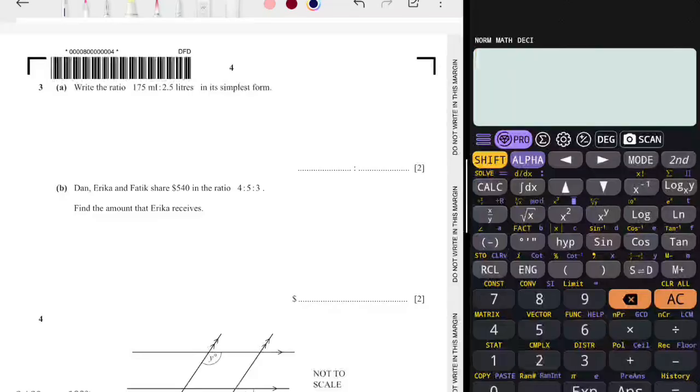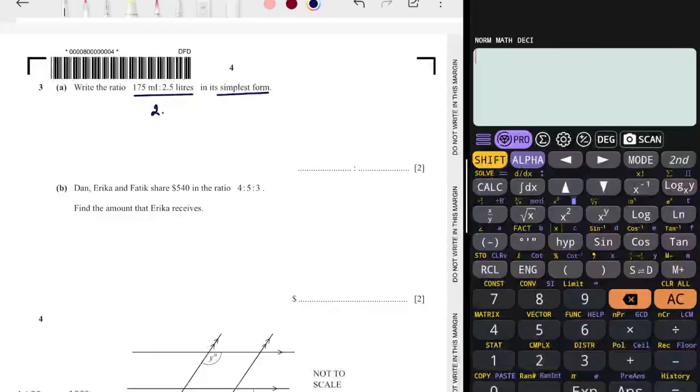Question number 3. Write the ratio of 175 milliliters to 2.5 liters in its simplest form. So what we can do, we can change liters into milliliters.